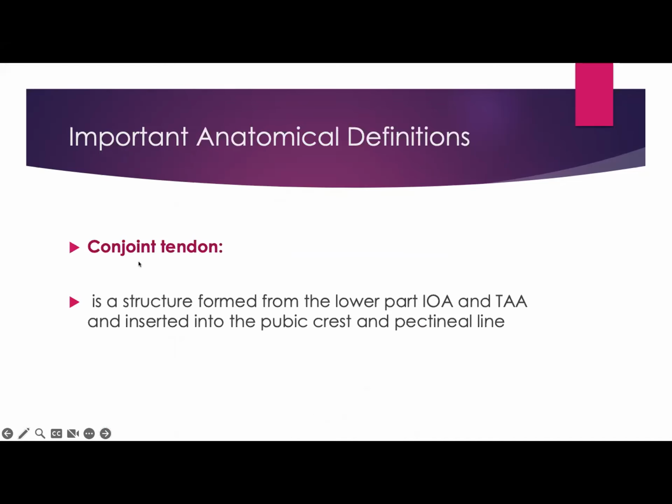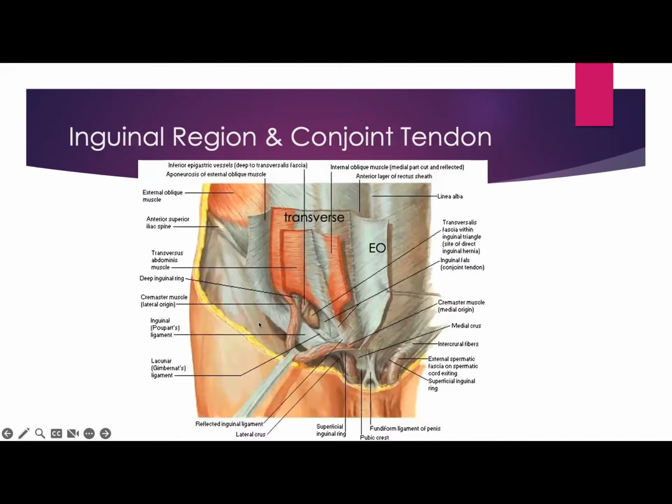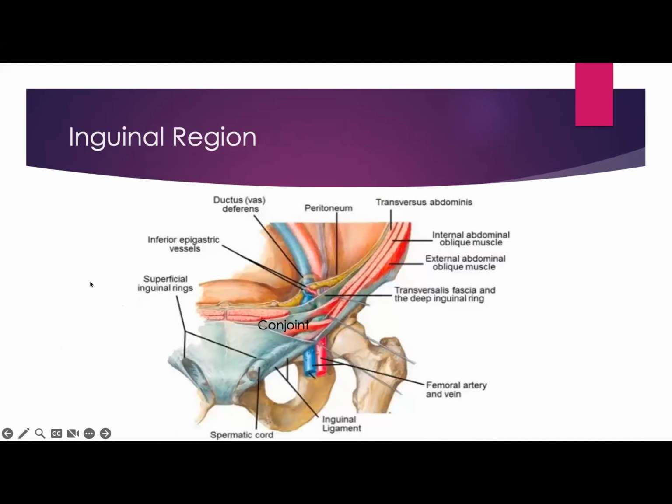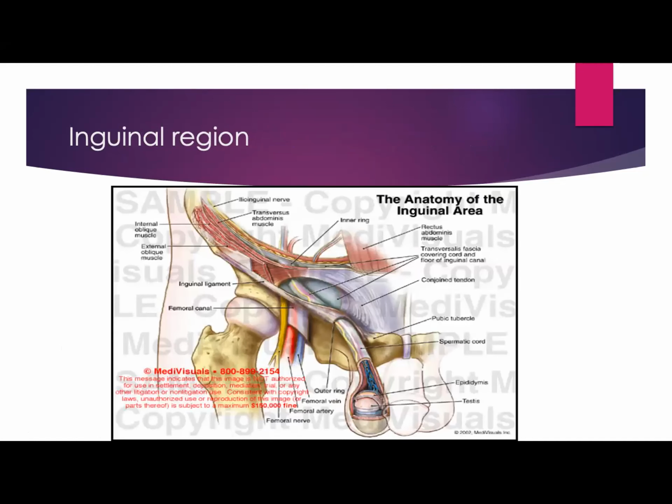So the conjoint tendon is a structure formed from the lower part of the internal oblique aponeurosis and the transversus abdominis aponeurosis, and it is inserted into the pubic crest and the pectineal line. Okay, so this is another image. As you can see, these are a lot of images, but it's not the focus of this lecture.